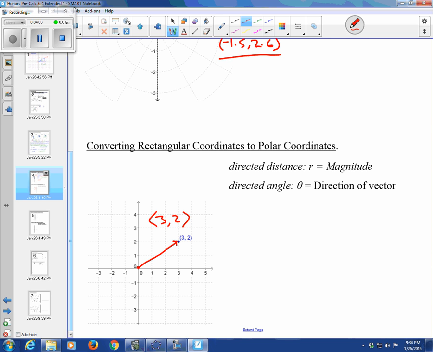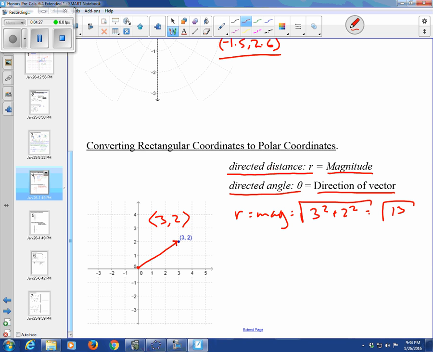Now we can determine the directed distance r as the magnitude of the vector and the directed angle theta as the direction of the vector, right? So in finding r, we know it's going to be magnitude. And so that's going to be the square root of 3 squared plus 2 squared, which gives us the square root of 13.